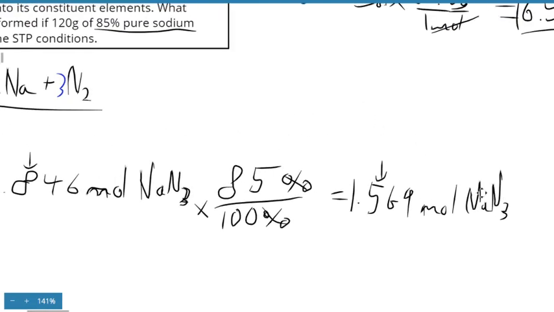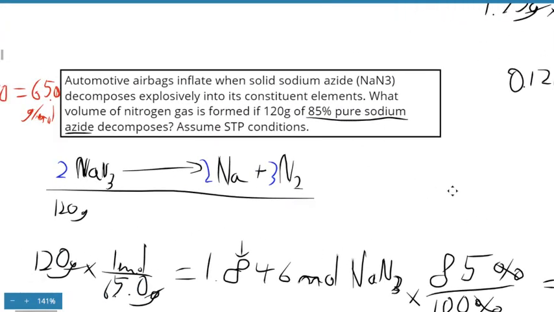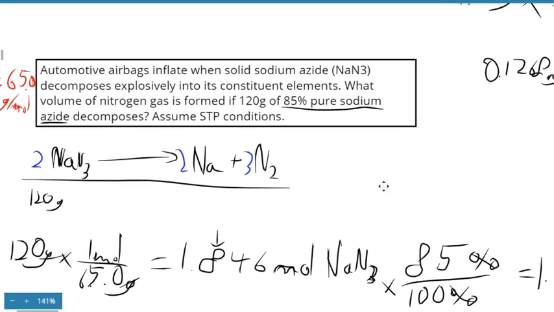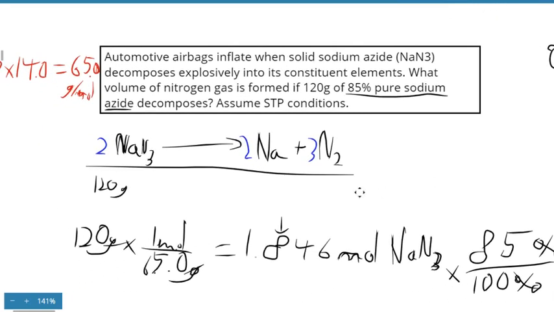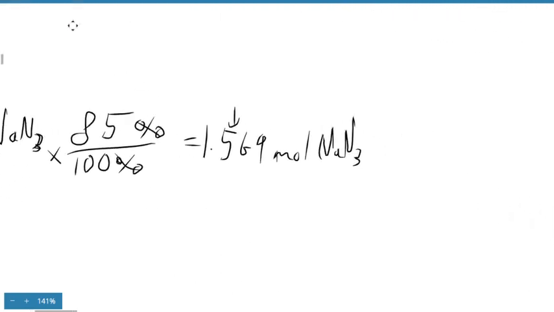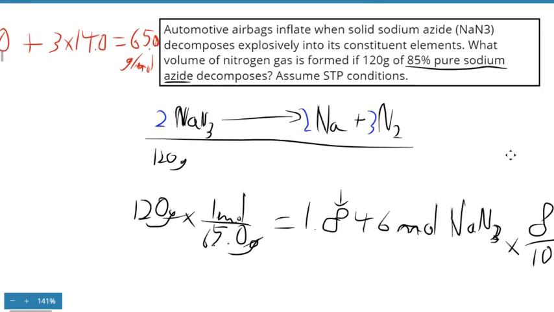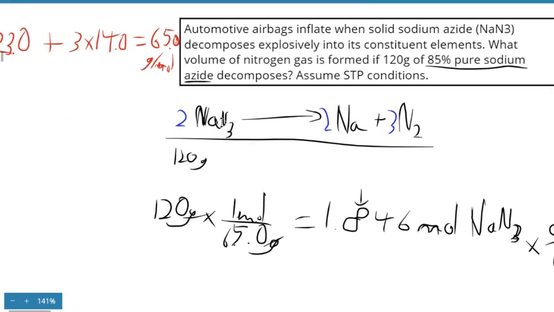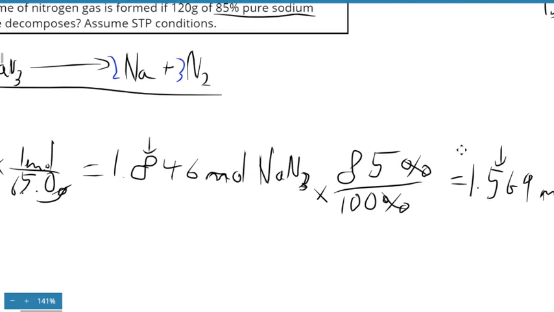Then after we have the actual amount of pure NaN3, we can find how many moles of N2 we created. So times a mole ratio. So let's look at this. Coefficient of NaN3 is 2, and coefficient of N2 is 3.